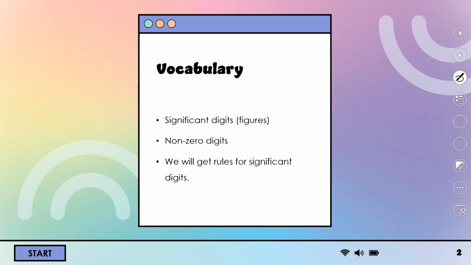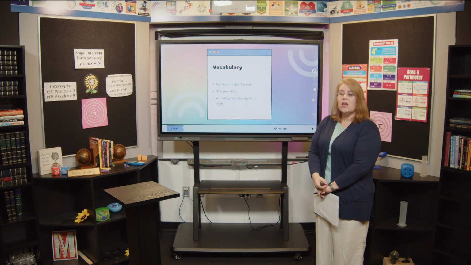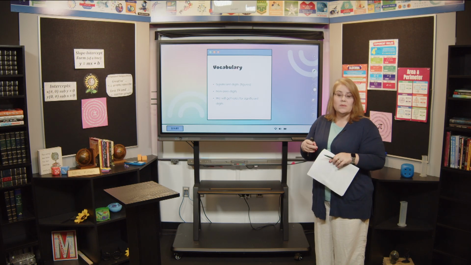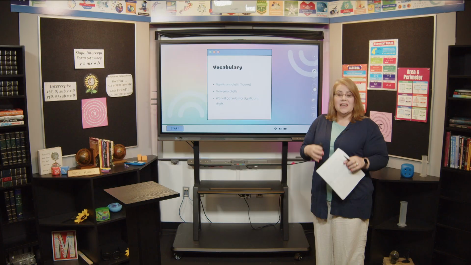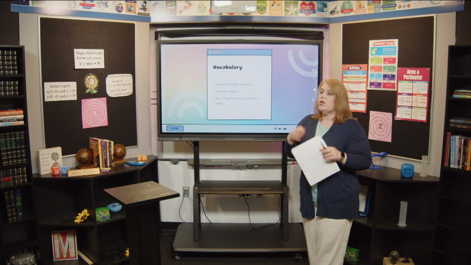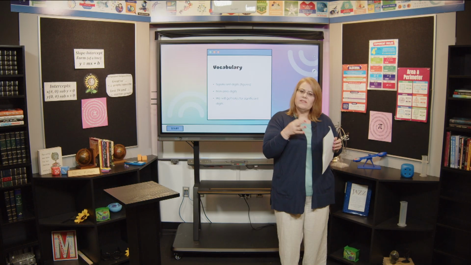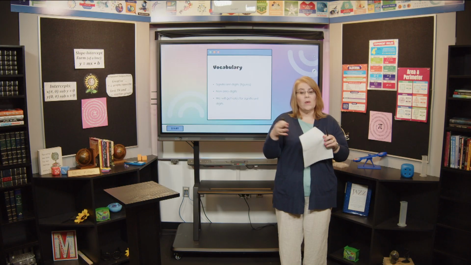Okay, so some new vocabulary that we're going to see is significant digits and non-zero digits, and we'll get rules for these significant digits. One thing I want us to note: in our biology classes, our significant digits will sometimes be referenced as significant figures. So when you're in those biology classes, I want you to know that they go hand in hand.